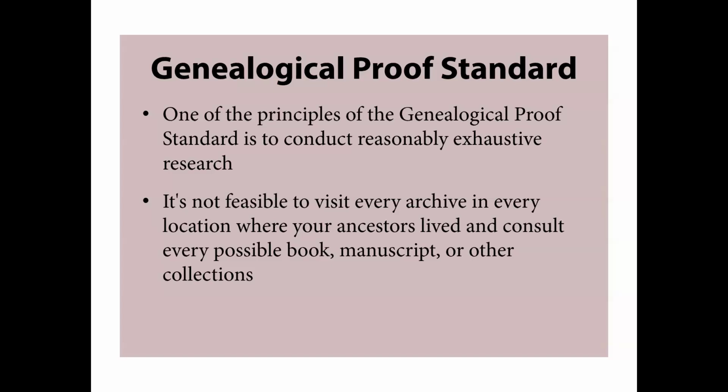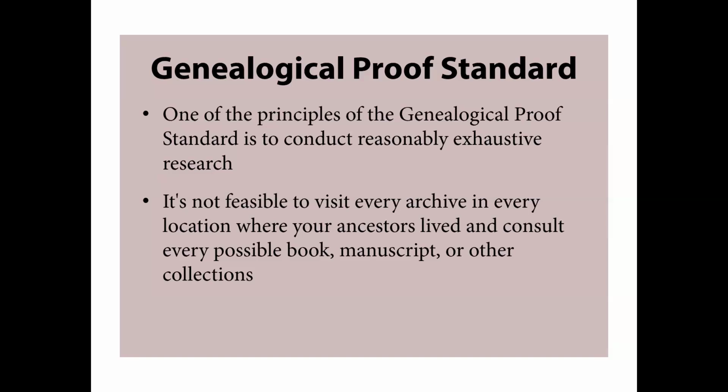The genealogical proof standard that we introduced in class 1 goes over the research process. The biggest principle that comes out of it is that you need to conduct reasonably exhaustive research. You can't visit every archive that ever existed in every location where your ancestors lived and look at every book, manuscript, or other collection. You will simply run out of time.